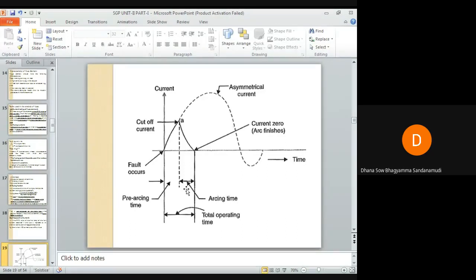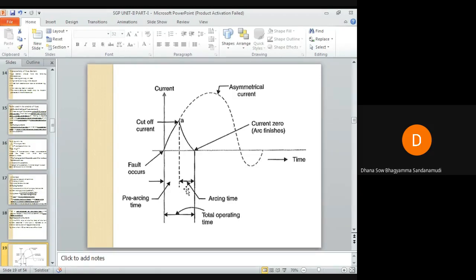We are going to study the time taken by the fuse to blow out. We are going to do the experiment and plot the inverse time characteristics in the power system laboratory. You will have that laboratory next semester.